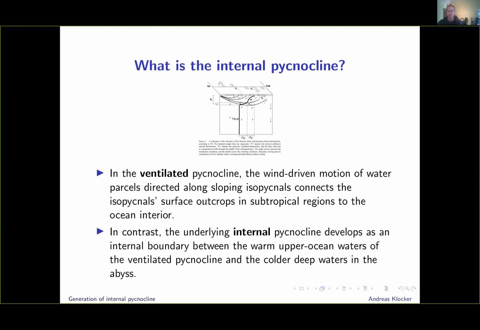You set something in motion at the surface and it moves along isopycnals into the interior, transporting heat, transporting carbon, etc. But in contrast, the underlying internal pycnocline is actually an interface which develops at the bottom of this ventilated thermocline, creating a layer of very high stratification.